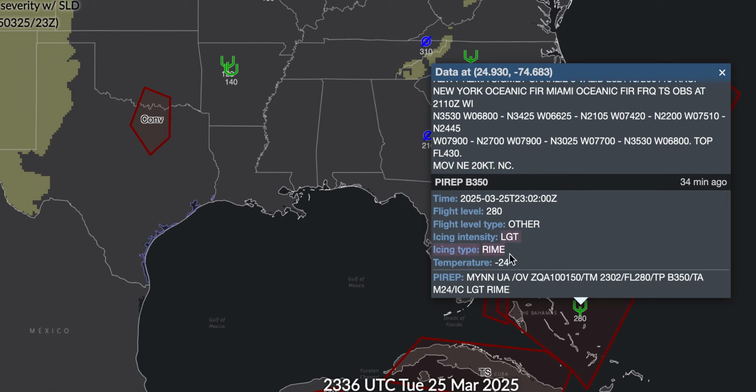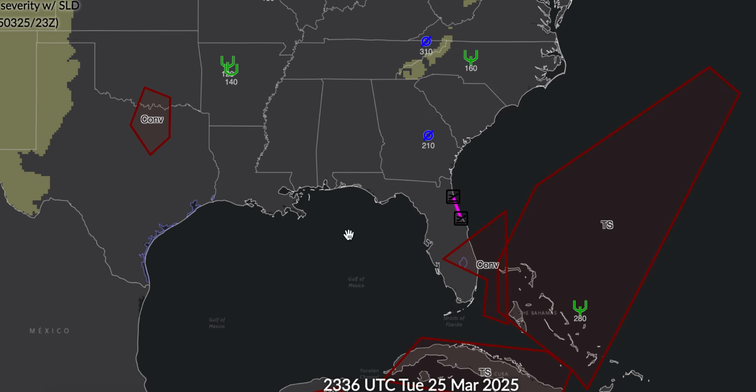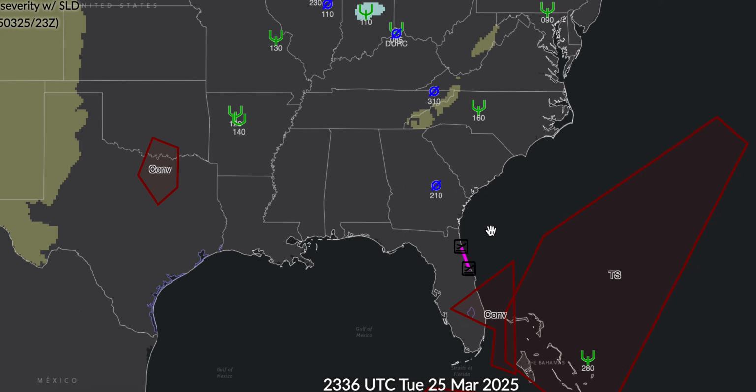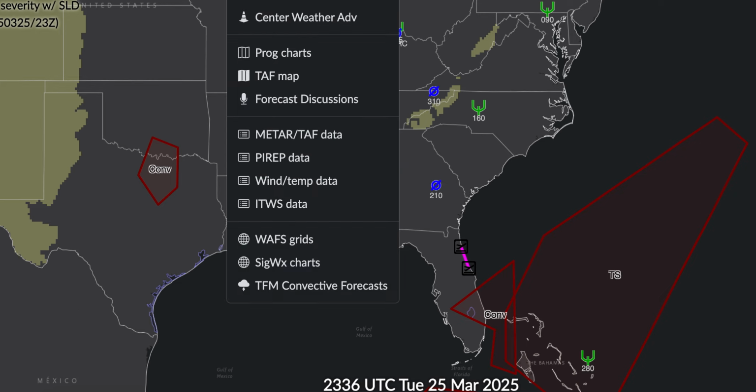Light rime is our problem here, and that tells me there is something I want to watch out for. We're obviously not flying down there, so we're staying up in this area, and the general consensus is we don't have any problems with where our flight plan is, which is nice.